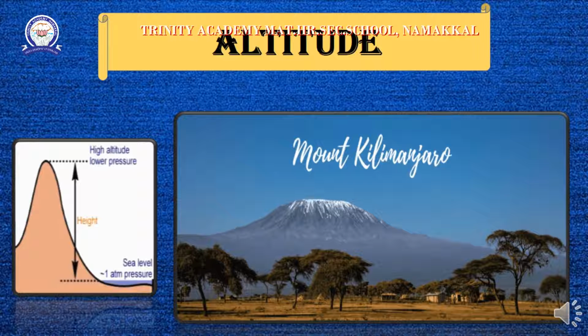This shows that places located at higher altitudes are cooler than those at lower altitudes, even if they are situated on the same latitude. For example, Mount Kilimanjaro in Africa is 5,895 meters high and its peaks remain covered with snow all the year even though it is near the equator. This is because of its height.